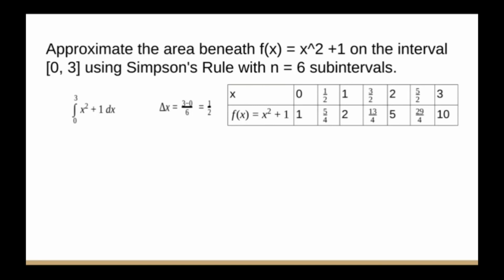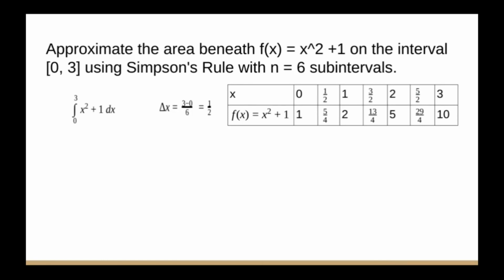I made a table to make it easier. Usually in the examples you see, they use a number line, but I used a table to make it easier. The values of x are 0, 1/2, 1, 3 over 2, 2, 5 over 2, and 3. As you notice, the difference is 1/2. We substitute these into f of x, which is x squared plus 1.